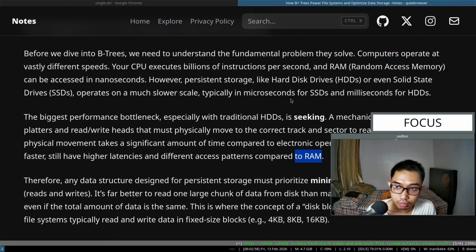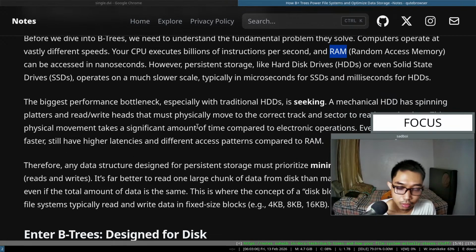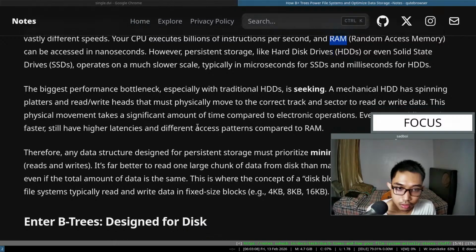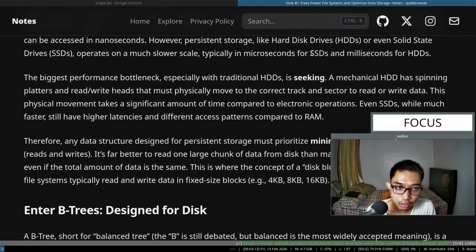This makes me curious. If we can make RAM faster, what is the constraint of making SSD as fast as RAM?